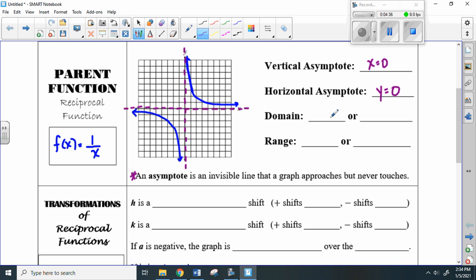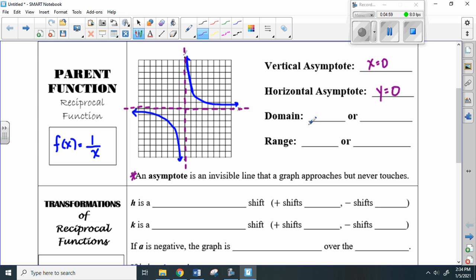Now, those asymptotes are also necessary. You need to know them in order to figure out the domain and range. Because if the graph cannot cross that asymptote, then that means the graph doesn't actually equal that number.